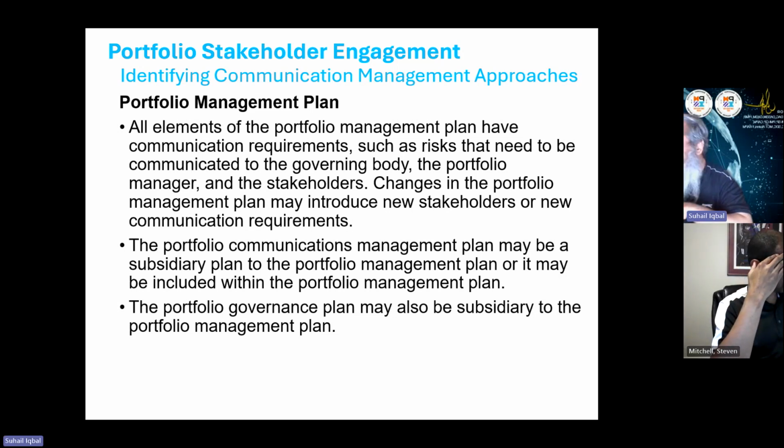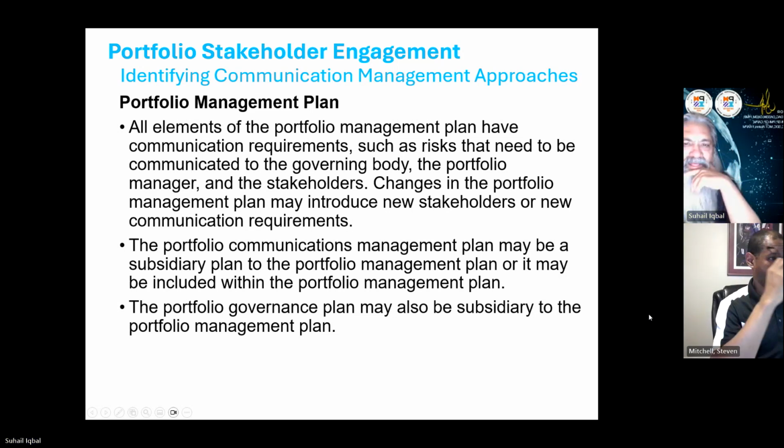Because communication requirements are so important to us, whatever is generated from that, any complaint, anything, will go into the archive. Portfolio communication management plan may be a subsidiary plan to portfolio management, or it may be included within the portfolio management plan. The portfolio governance plan may also be subsidiary to the portfolio management plan.